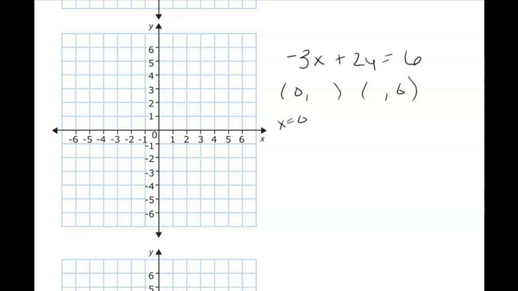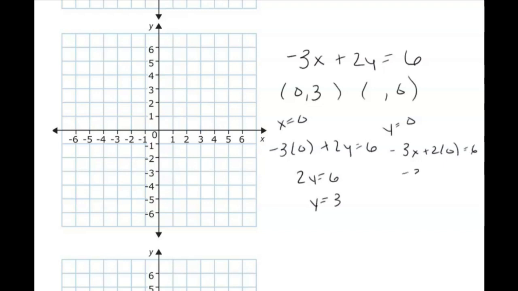When x equals 0, it would be -3 times 0 plus 2y equals 6. 2y equals 6, and y would equal 3. Similarly, when y equals 0, then it'd be -3x plus 2 times 0 equals 6. -3x equals 6, and x equals -2.